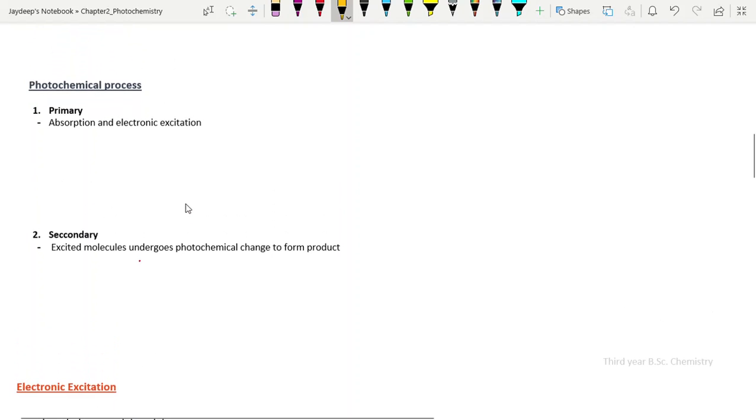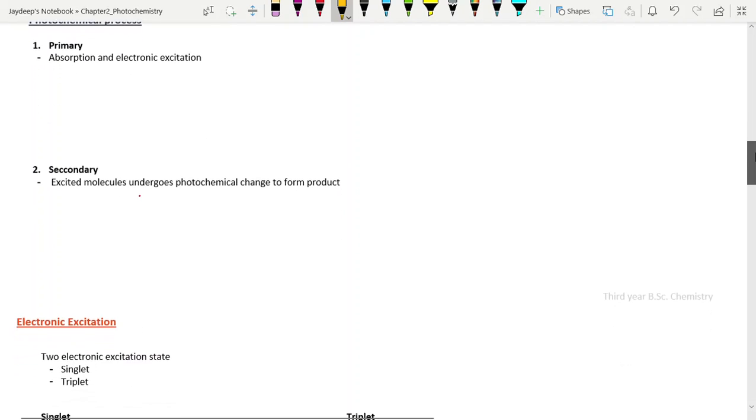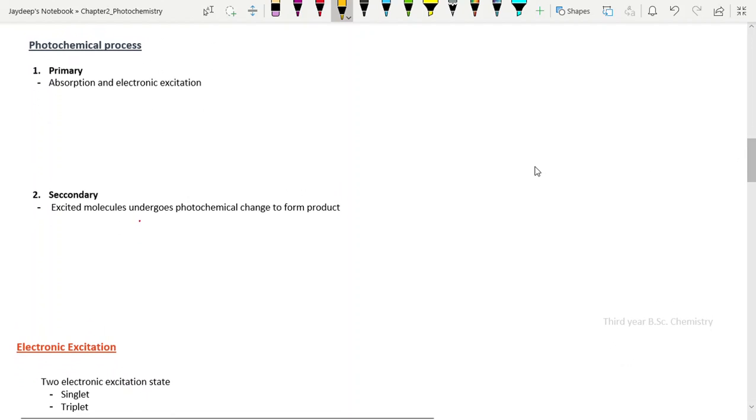Basically, photochemical reactions possess two steps, the primary and the secondary steps. In the primary step, absorption and electronic excitation take place. As said earlier, when the molecule absorbs energy, that is h nu, it goes into excitation. So here absorption takes place.